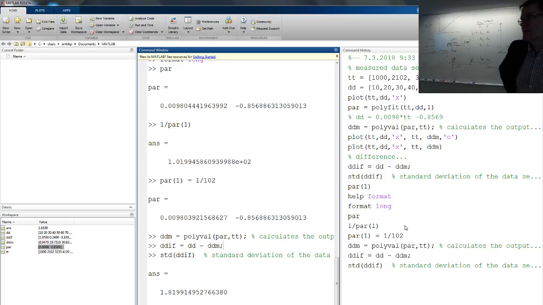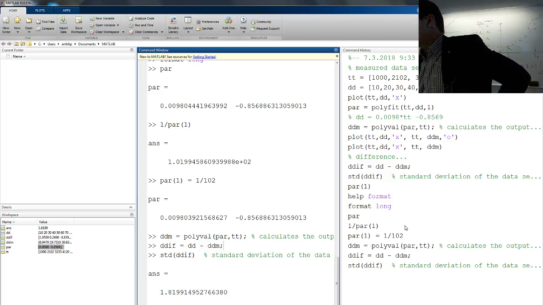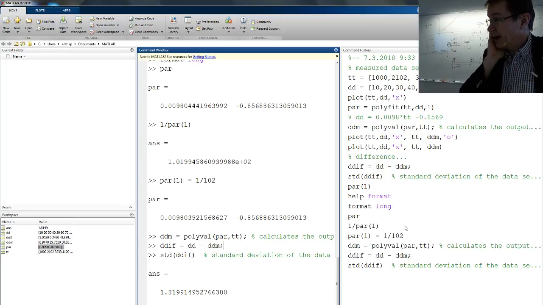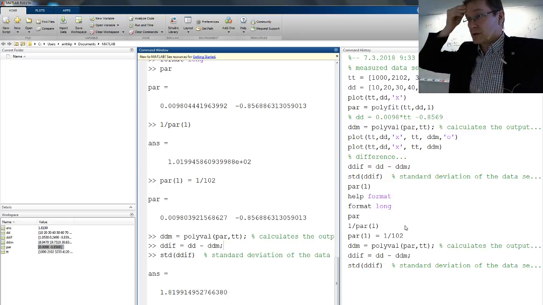So basically just the measured data sets, move that somehow to your favorite tool, then do the polynomial fitting, and then you can also calculate the standard deviation of the data set minus the model, which gives you the accuracy of your calibration, and then just implement this calibration formula, or that inverse. This is basically the inverse transfer function of this sensor. Okay, not too many things to do.